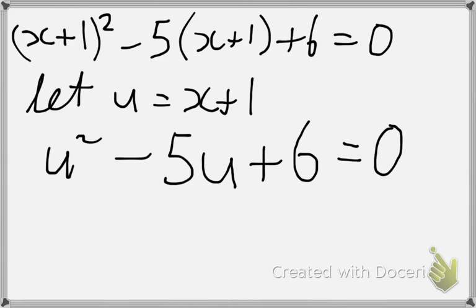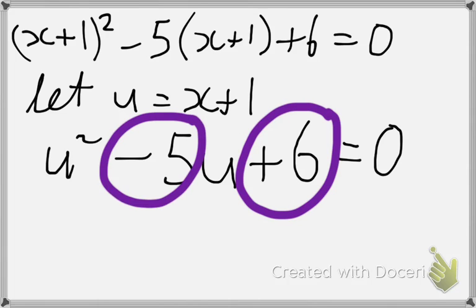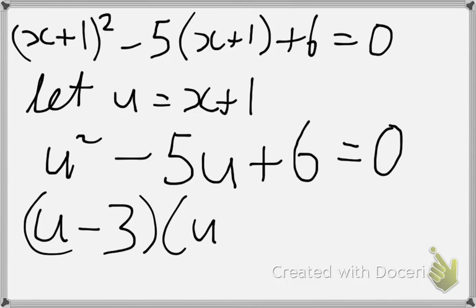And this here is a quadratic like I'm used to. I need two numbers that multiply to give 6 and add to give -5. I know them, that's -3 and -2. So it's u minus 3, u minus 2 equals 0.